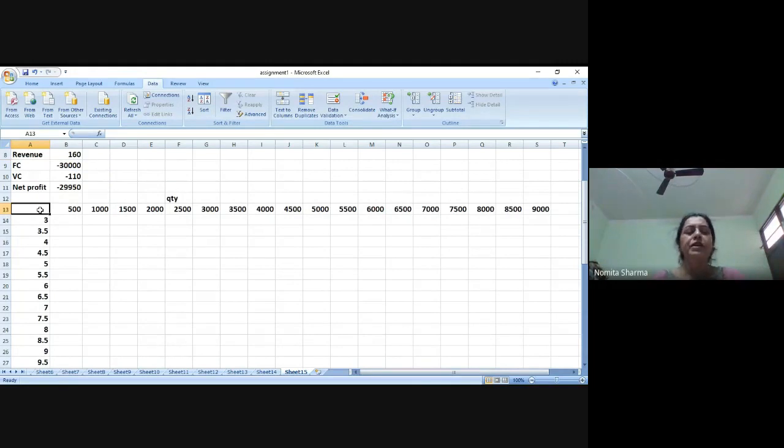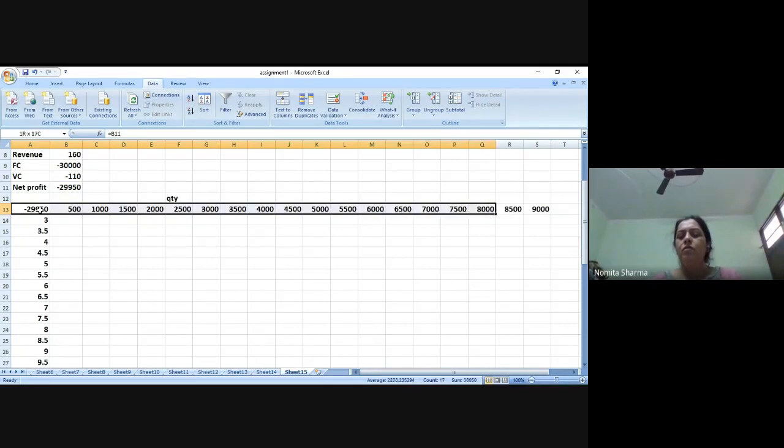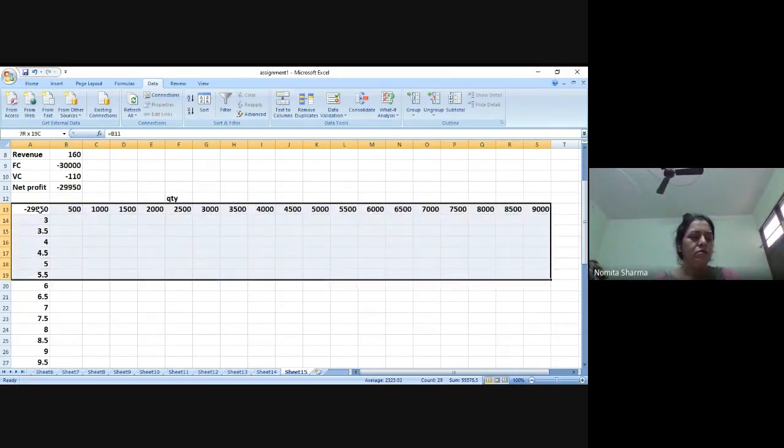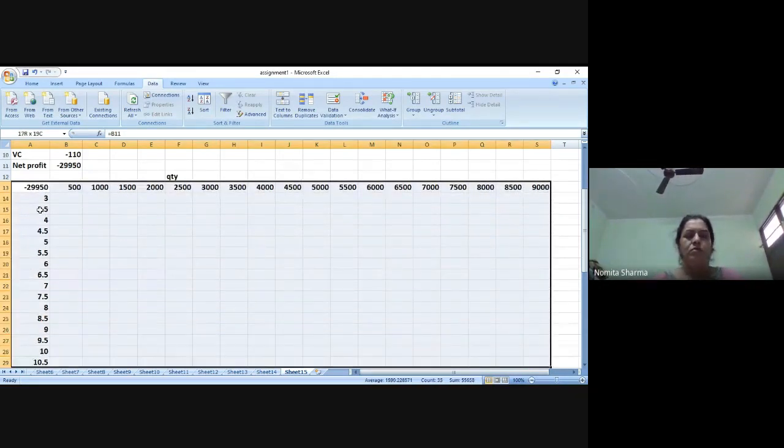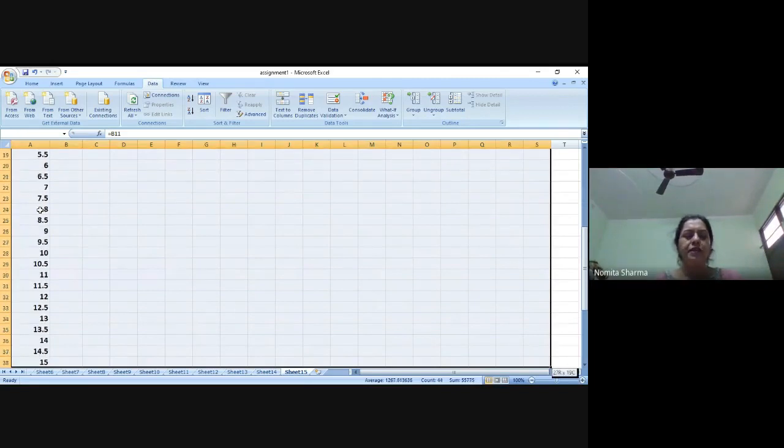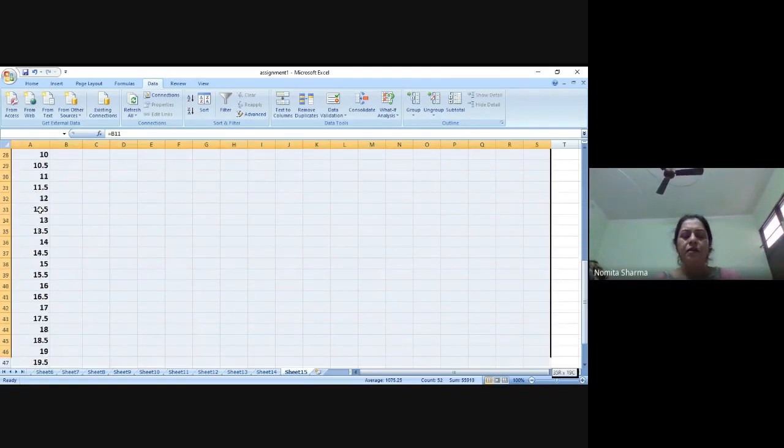Now here you will write the net profit, which is your B11. And now I'm going to select this whole table, and then I go to the data table command.